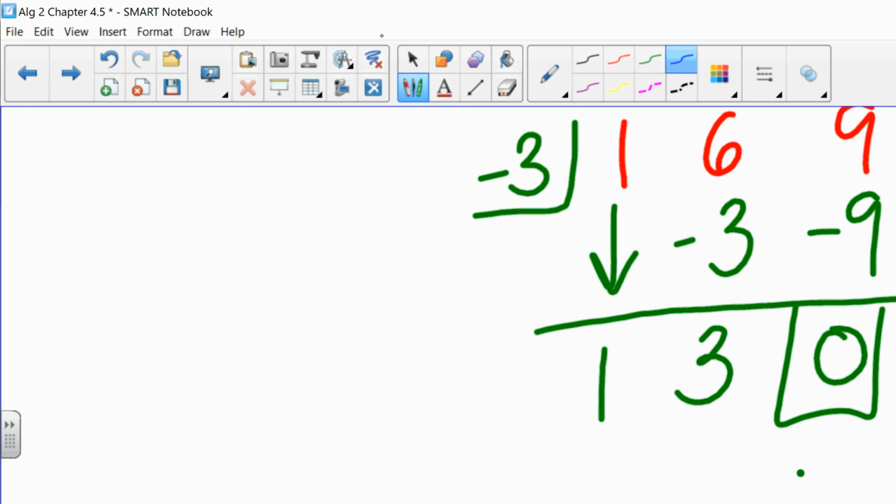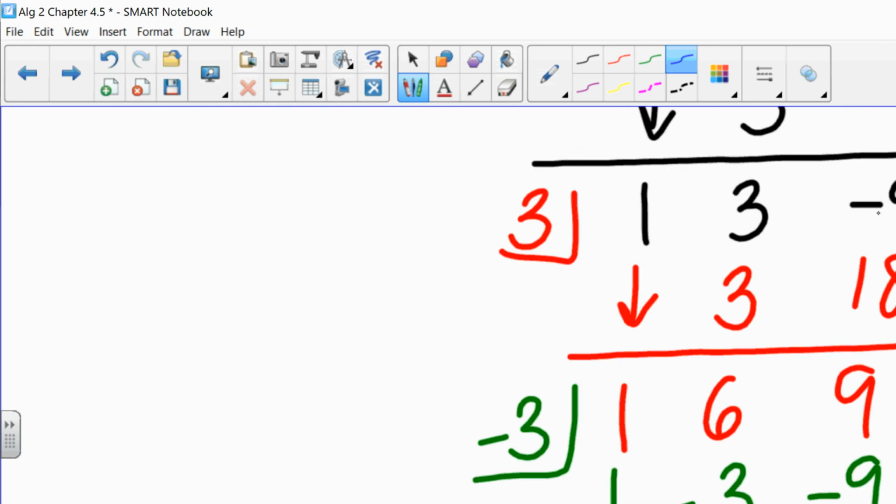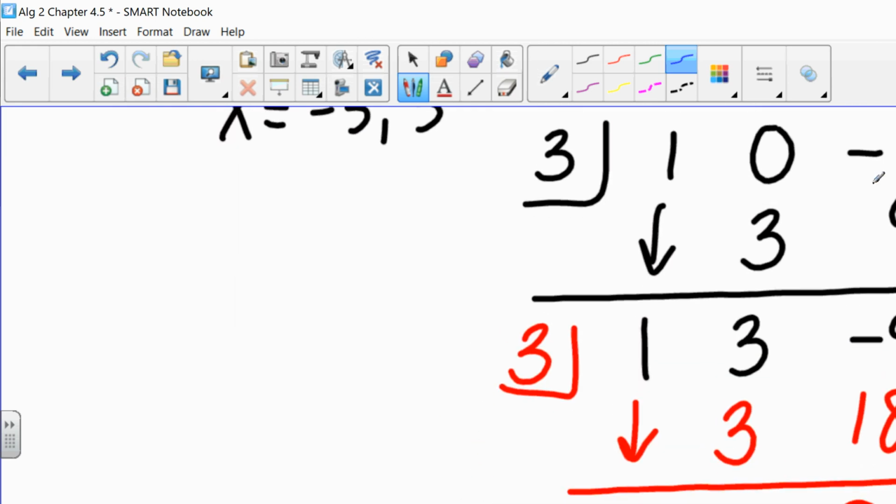Might as well do it one more time. Negative 3 times 1 is negative 3. So that tells me the solutions are 3, 3, negative 3, and negative 3.